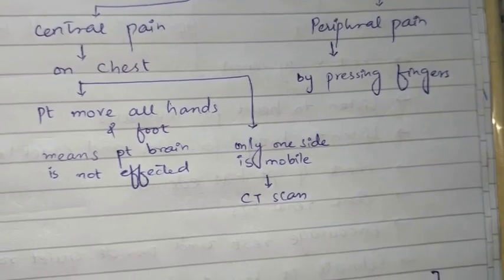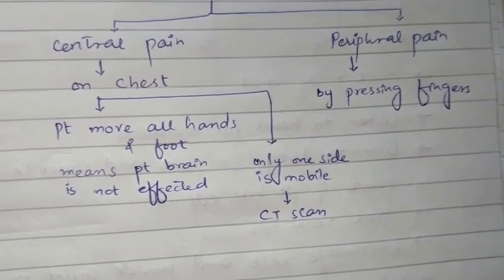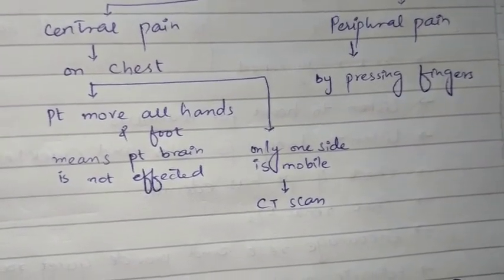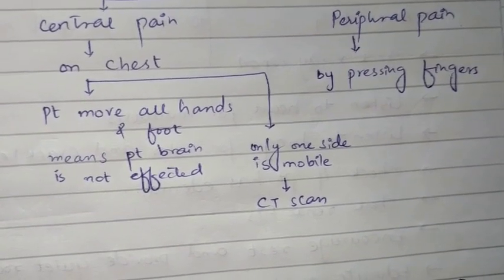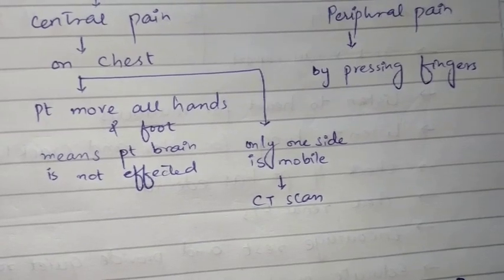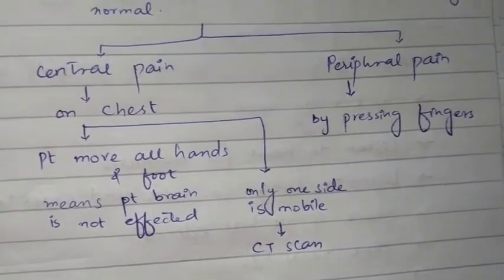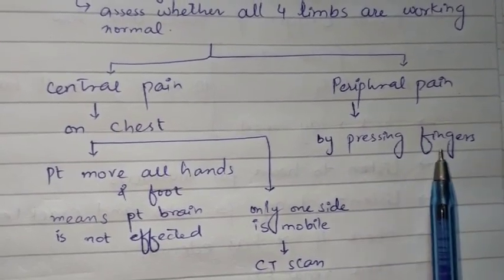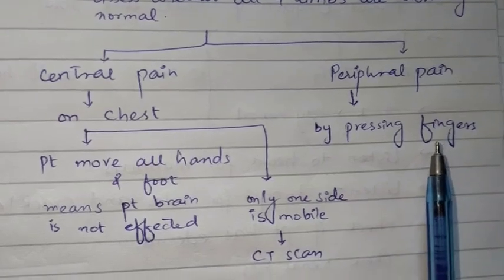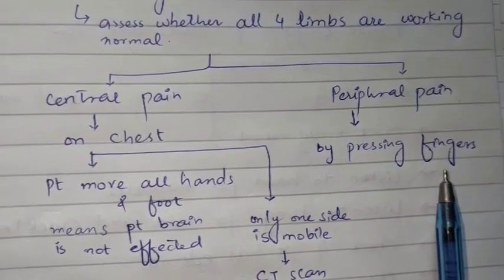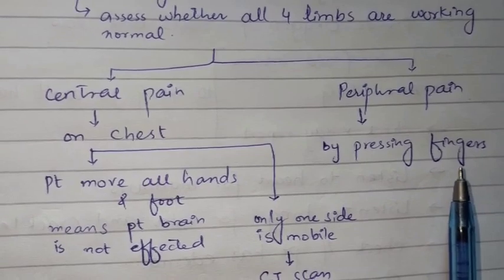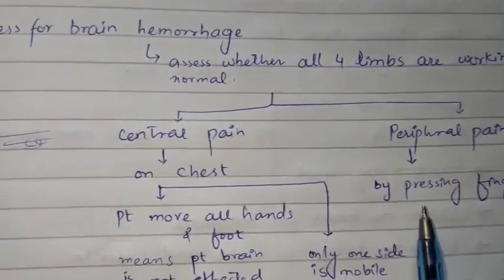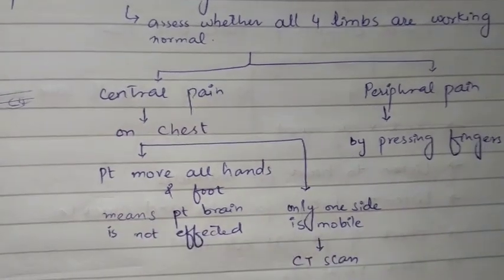But if the patient moves only one side of hand and foot and the other side is not moving, it means the patient's brain is affected. The other method is peripheral pain. We can apply it by pressing the finger, to see if the patient's brain is affected by the hypertension. So this was all about assessing the brain hemorrhage.